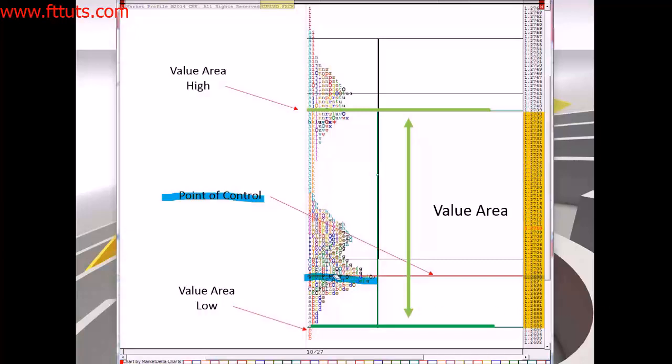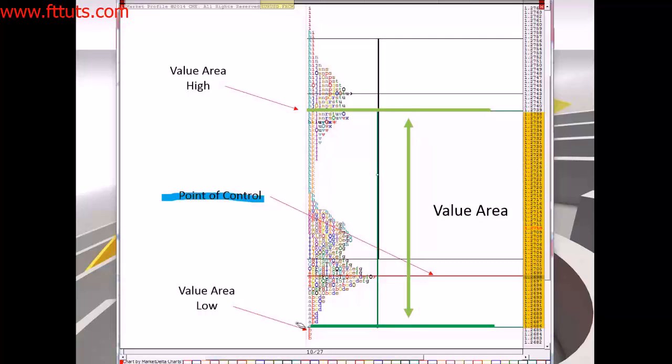So let's take a look here and count together how many times it was visited. I see A, B, D, E, F. So 1, 2, 3, 4, 5, 6, 7, 8, 9, 10, 11, 12, 13, 14, 15, 16, 17, 18, 19.